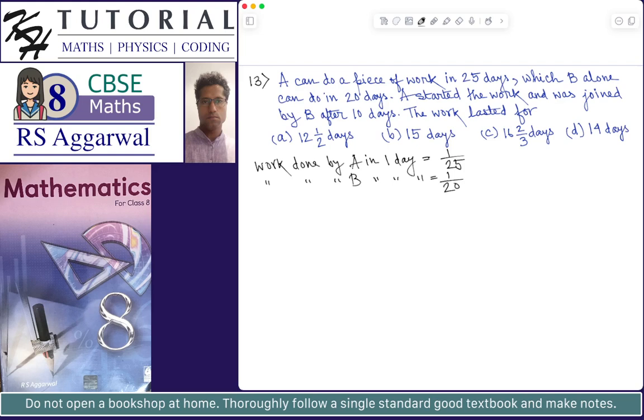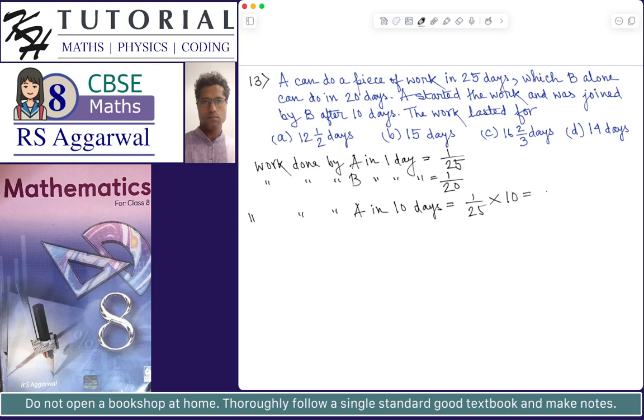Now, for the first 10 days, A was working alone. So we need to find first what amount of work A completed in 10 days. So work done by A in 10 days will be equal to, using the basic unitary method, 1 by 25, that is the work done in 1 day, multiplied by 10.